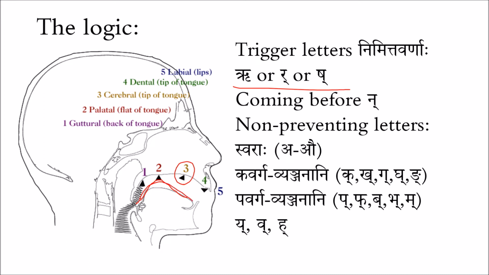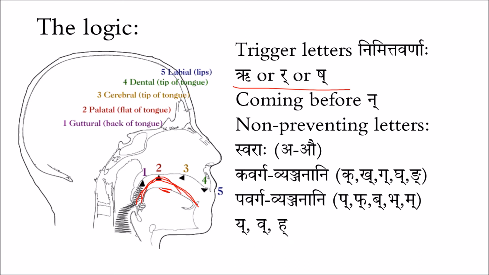But number 2, that is talu, and also the sha like in Shankara, sha: the jihva is here, right? Jihva is shaped like this. Note this, this is important to understand the logic. The tip is pointing down and the top surface is pointing up near the talu position.